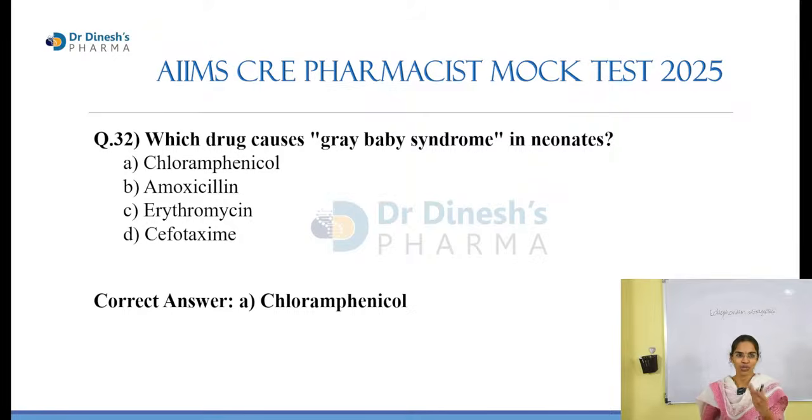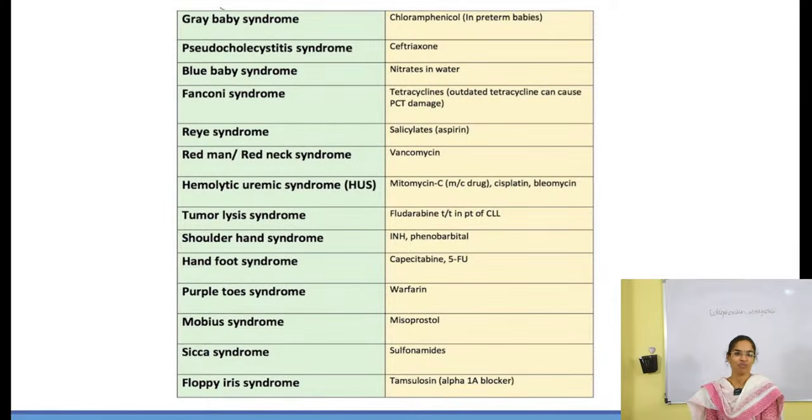The most commonly asked drug question, which recently appeared in the AIIMS CRE paper also. So we will see certain common syndromes. Gray baby syndrome by chloramphenicol, and blue baby syndrome by nitrates in water.